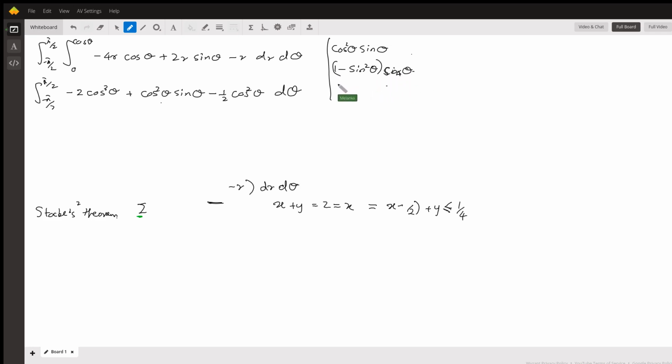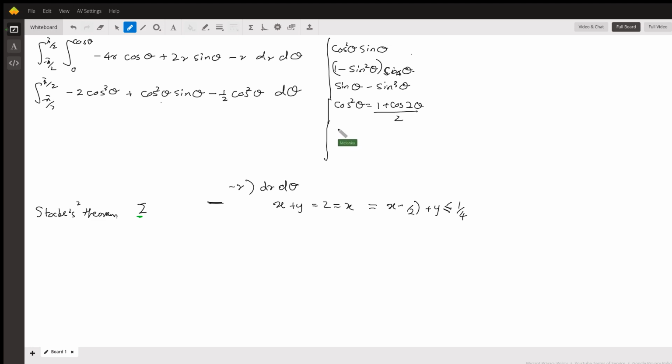So I will end up with sine theta minus sine cube theta, and cosine squared theta I can write as 1 plus cosine 2 theta over 2.